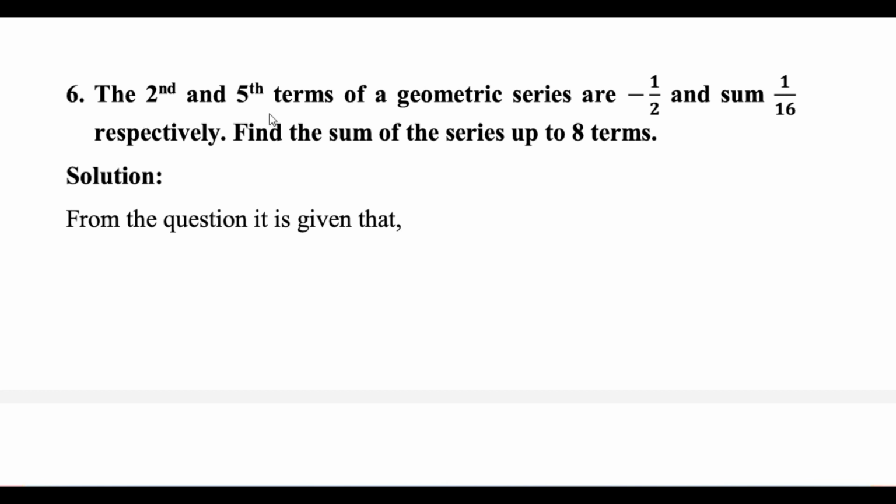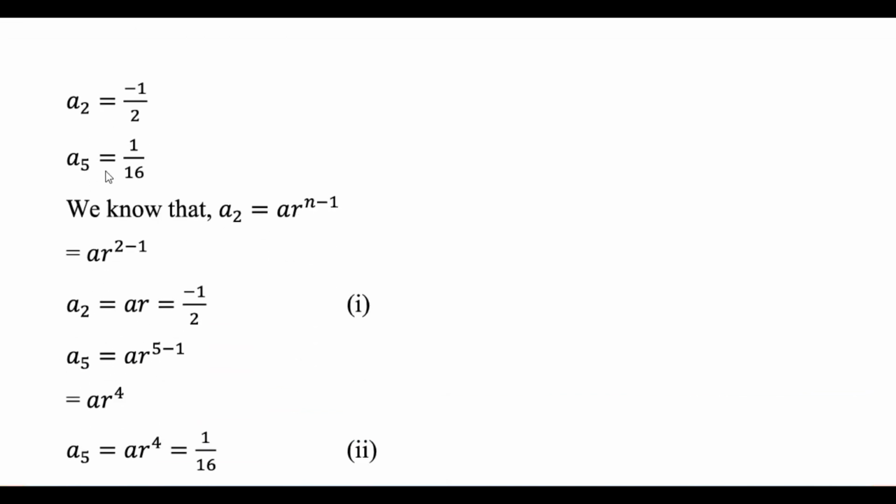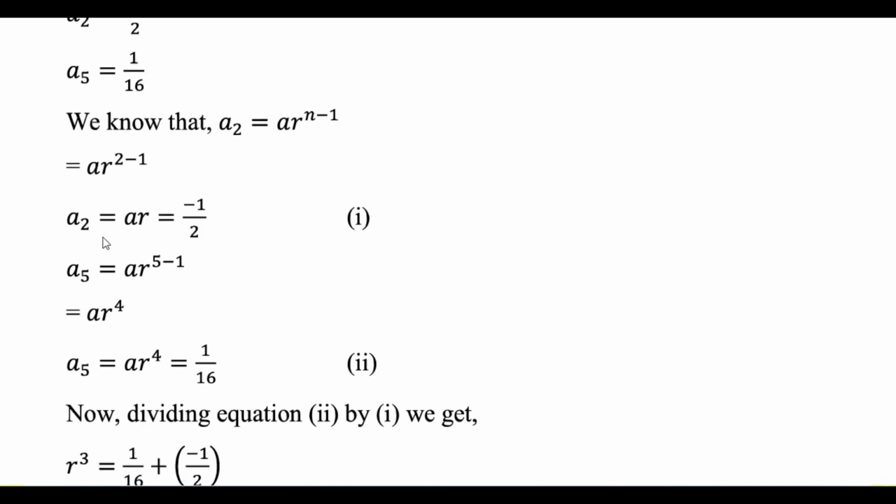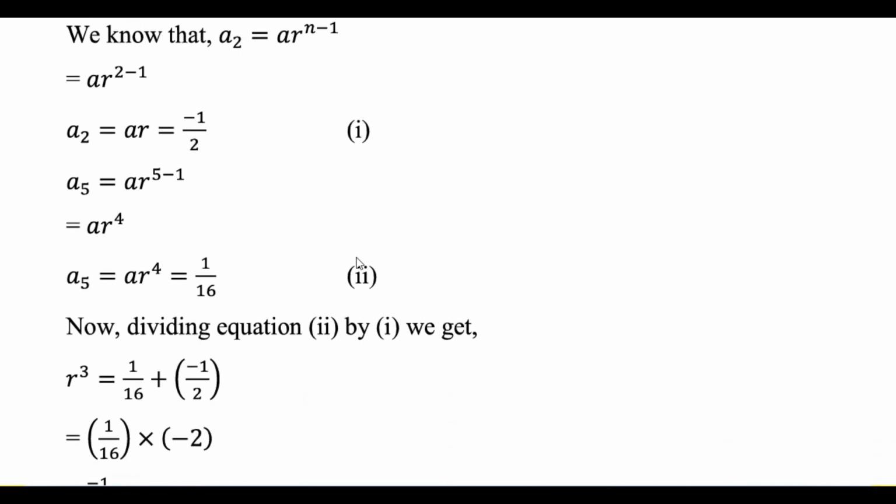So the second term is minus 1 by 2 and the fifth term is 1 by 16. Using the term formula, a_n is ar to the power n minus 1, so a2 is equal to ar, which is minus 1 by 2. Make it equation number 1.